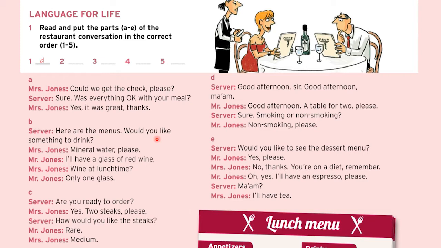1D. Good afternoon, sir. Good afternoon, ma'am. Good afternoon. A table for two, please. Sure. Smoking or non-smoking? Non-smoking, please. 2B. Here are the menus. Would you like something to drink? Mineral water, please. I'll have a glass of red wine. Wine at lunchtime? Only one glass. 3C.